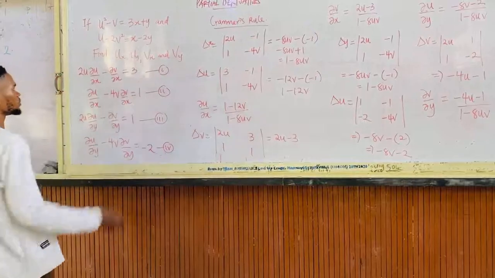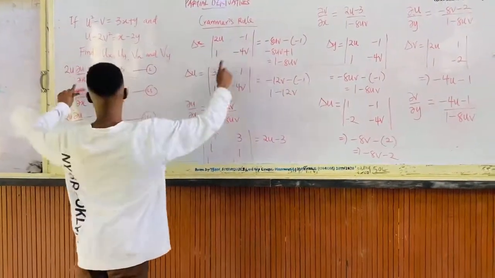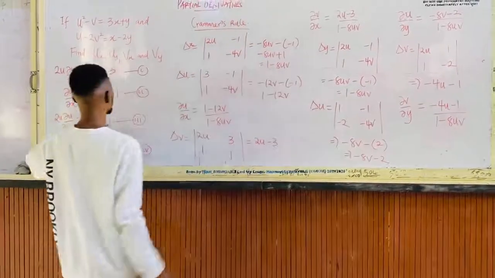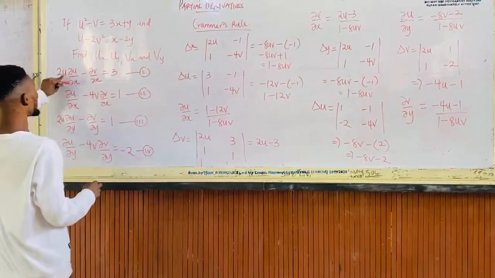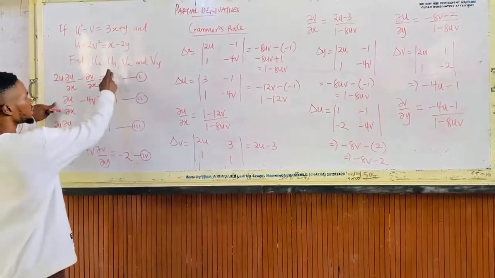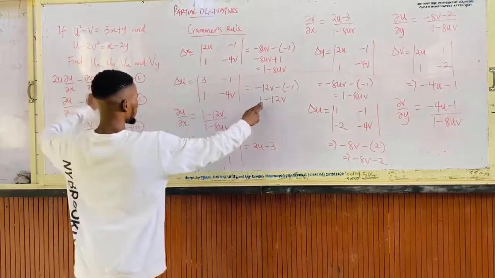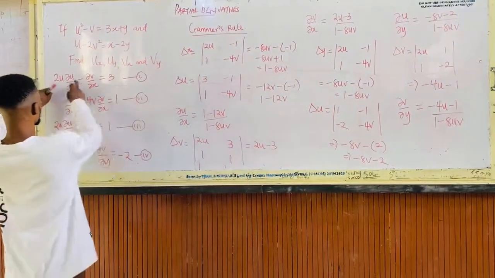Now using Cramer's rule, find this: that's 2u, minus 1, the coefficients 1, minus 4v, you get this. So changing u, if you want to look for this, we're not going to write the coefficient here, but we write the constants 3 and 1, with minus 1 and minus 4v, you get this. So that's the u del x. So also for v, we're looking for v now.